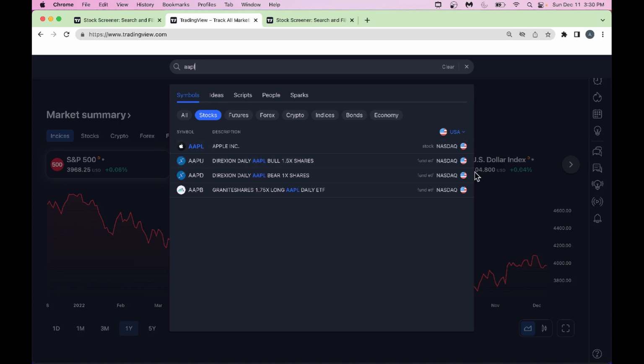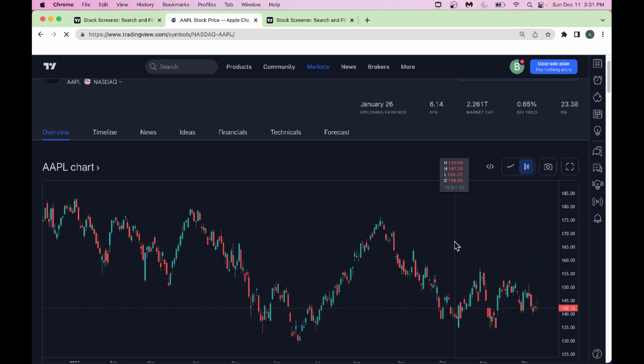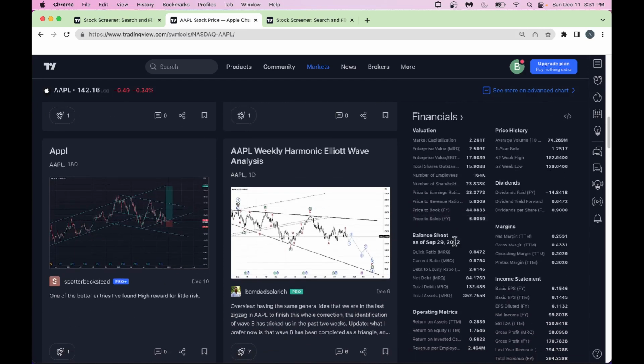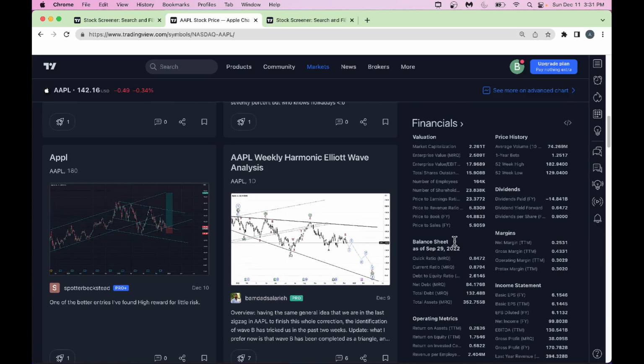All right, we got Apple right here. We can go into the overview screen here for Apple. Look, from an overview perspective, the reason Apple does not show up here, as I go down, look at market cap and history and so on and so forth here.